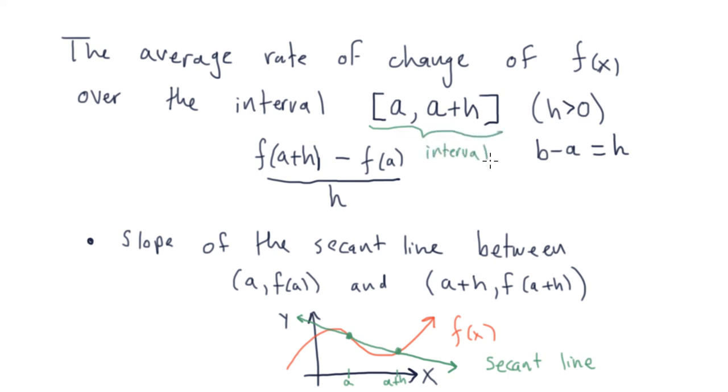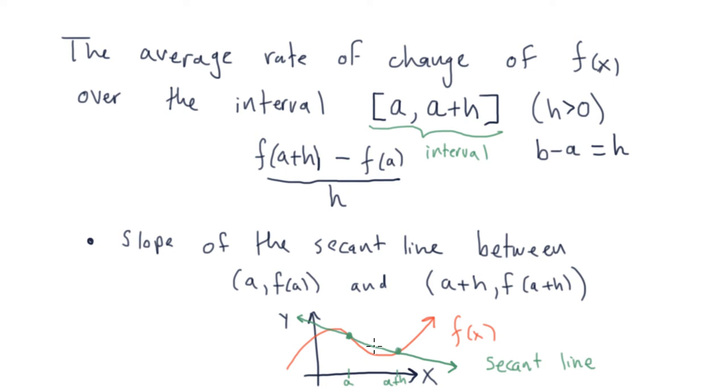The instantaneous rate of change, or what we'll call the derivative, is going to be at a point. And so what we're going to do is we're really going to let this h go to 0 and watch these secant lines level off to the tangent line, assuming that our function has a derivative at that point.